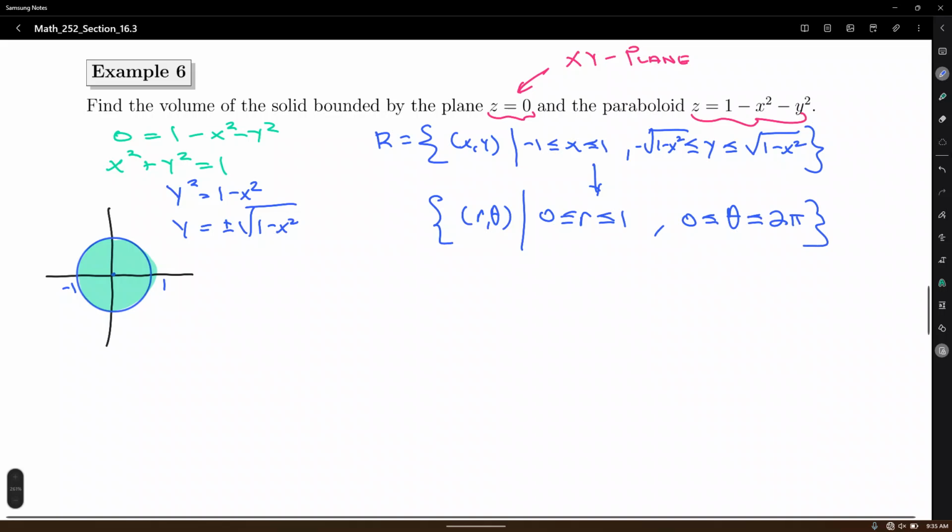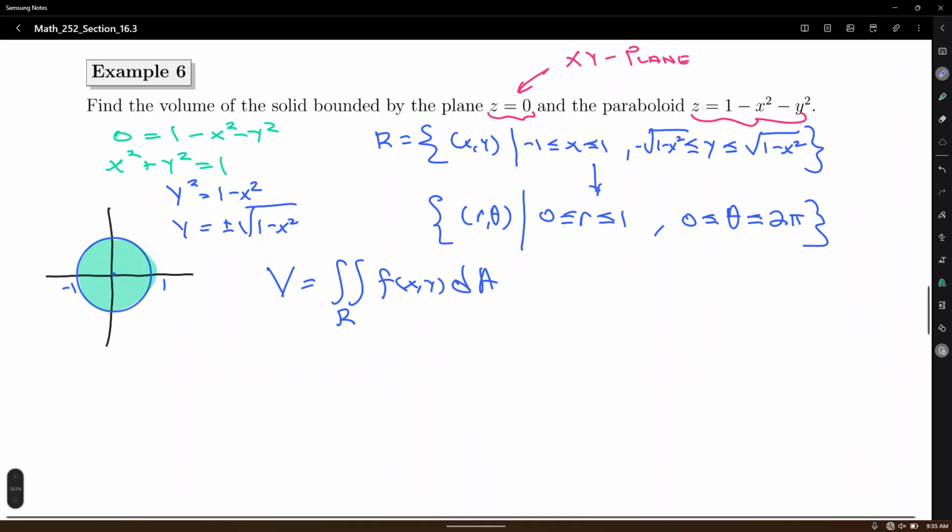Let's set up the integral. A volume integral V is a double integral of the form double integral over the region R of the function f of x y dA. Let me write the integral in rectangular without writing any limits.